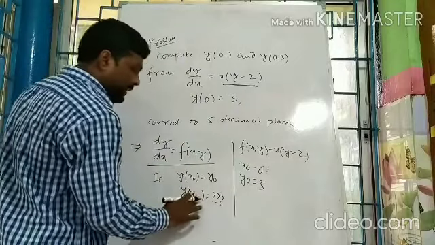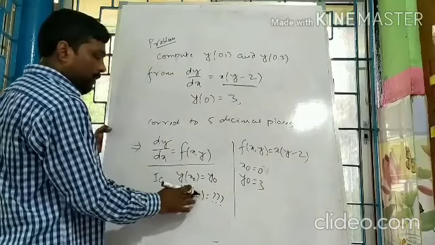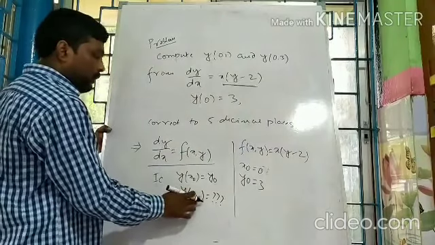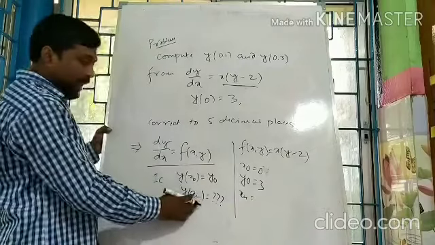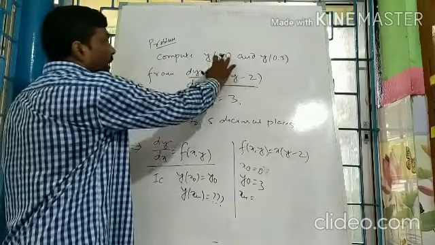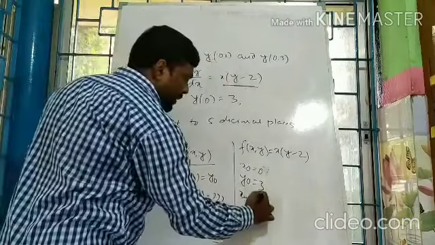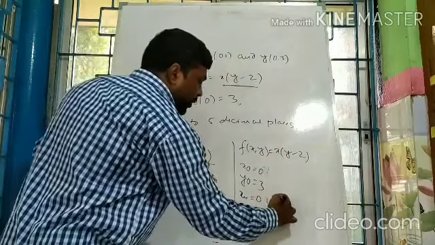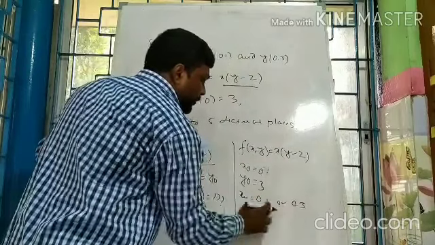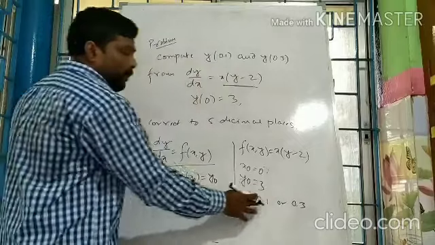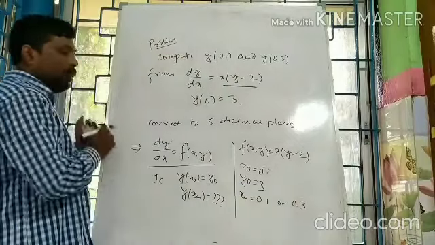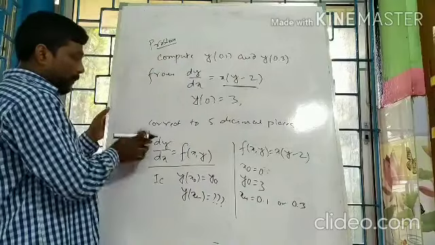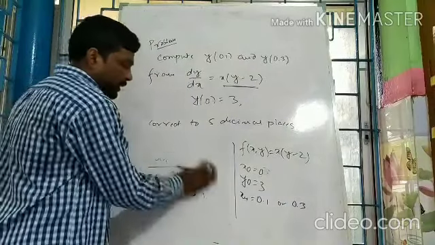And xn is the point where we have to calculate y. First we take xn = 0.1, then 0.3. First we will solve y at the point 0.1, then we will solve y at the point x = 0.3. These are the given inputs.